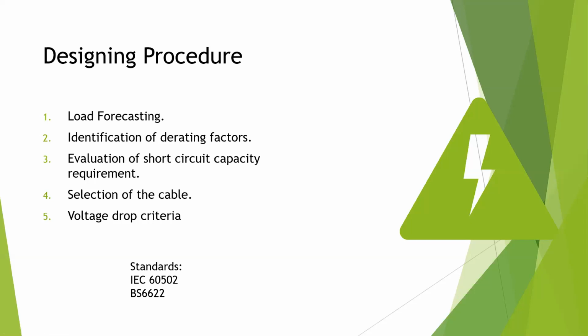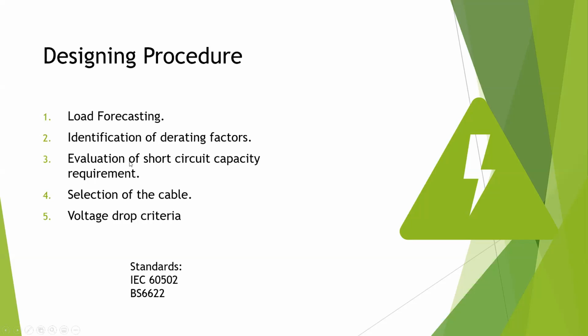Usually cables are rated at a default temperature level. So if the temperature changes, we use these derating factors to find out what the rating is at that environmental condition. Not only temperature, there are other things also. We are going to see them here.